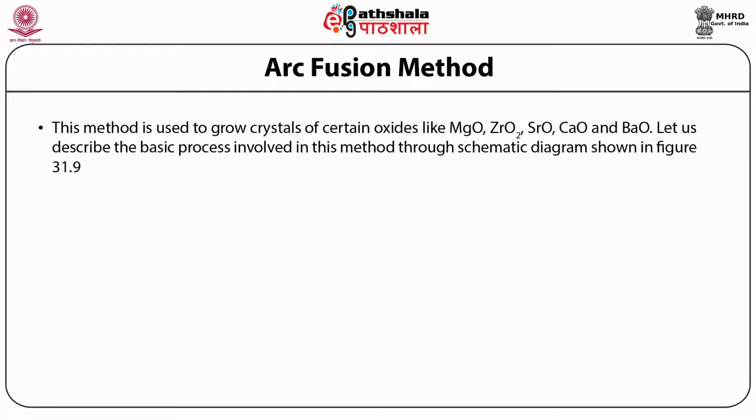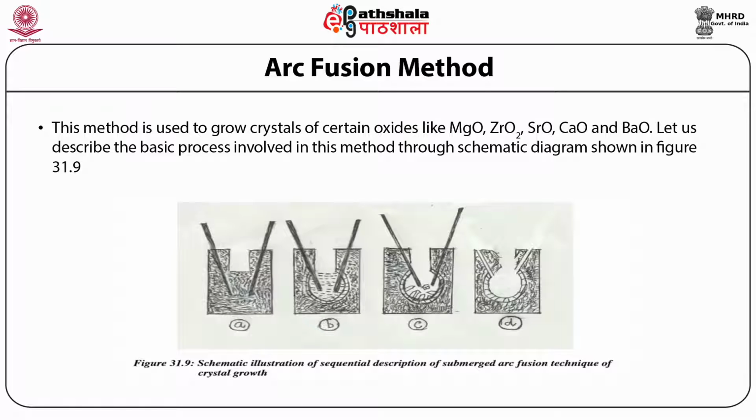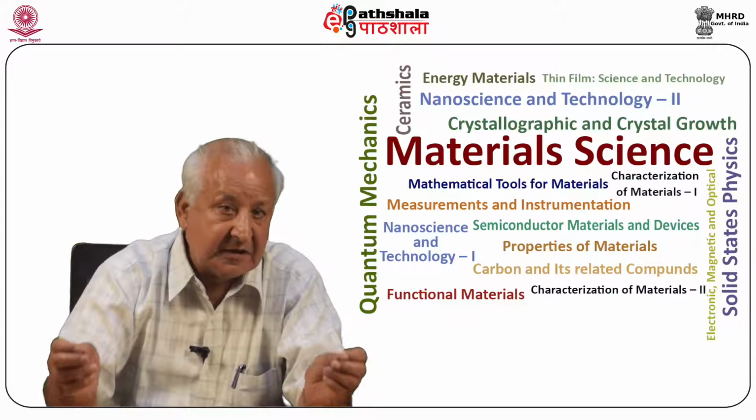Let us describe the basic process involved in this method through the schematic diagram shown in figure 31.9. Figure 31.9 is a schematic illustration of the sequential description of the submerged arc fusion technique of crystal growth. The sequence of various stages of this process is given as follows.